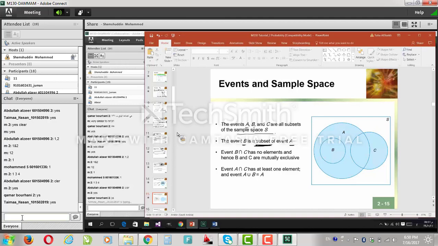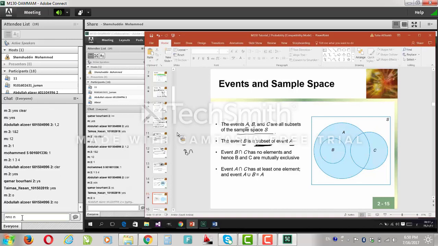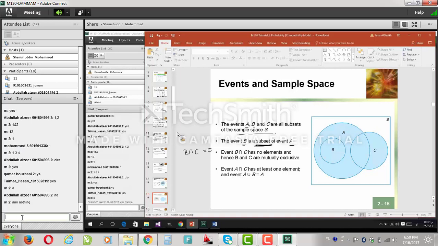And also you have that B intersect C is equal to what? What's B intersect C? Do I have any intersection between B and C? Nothing. So B intersect C is not zero, we say empty.